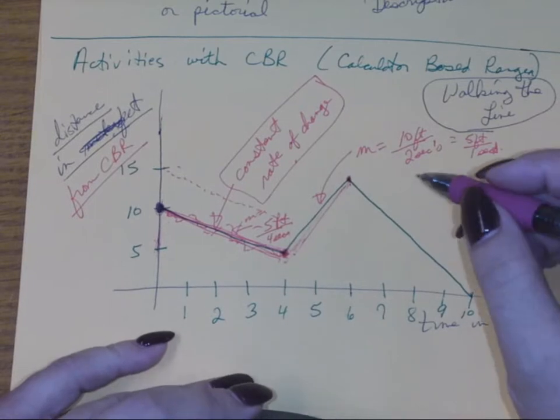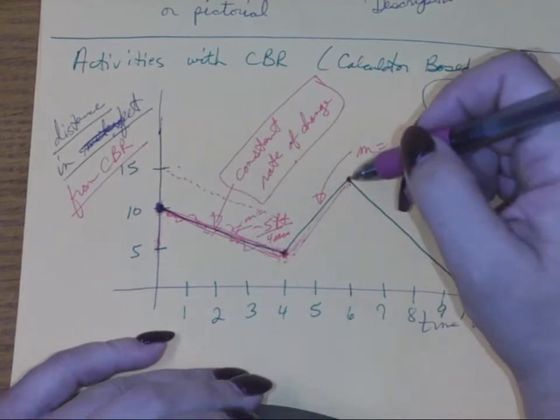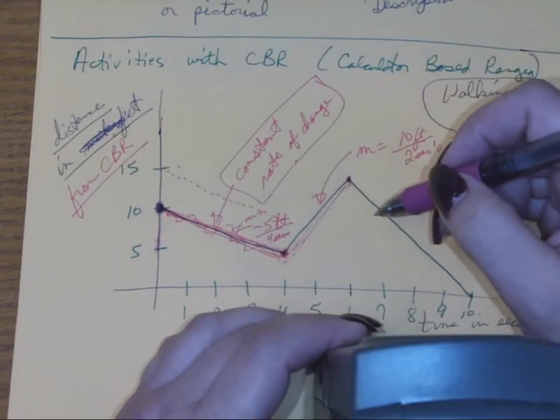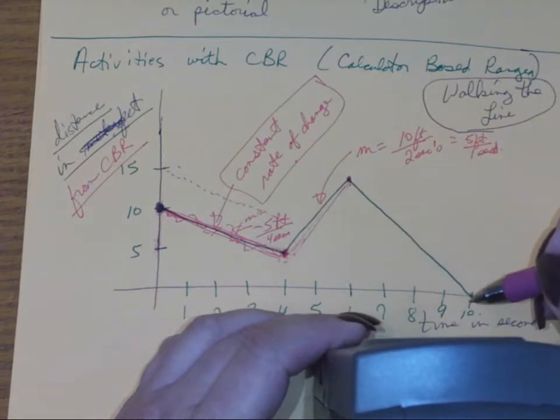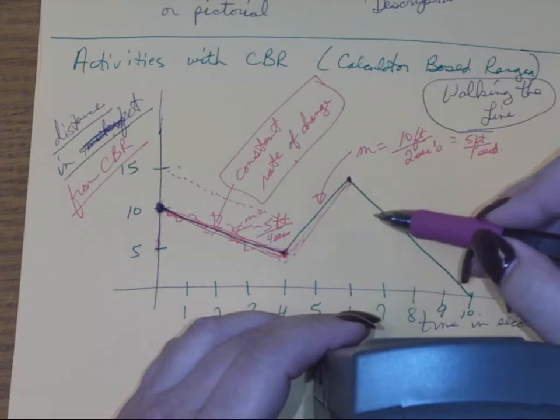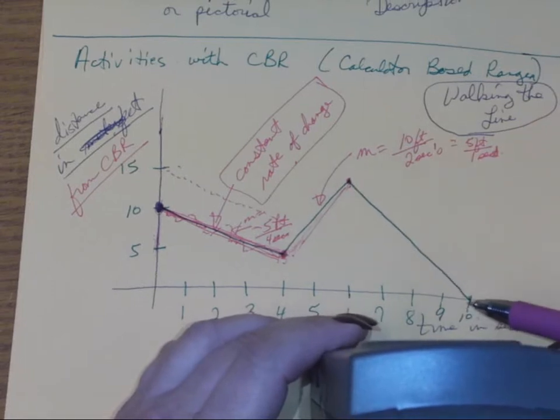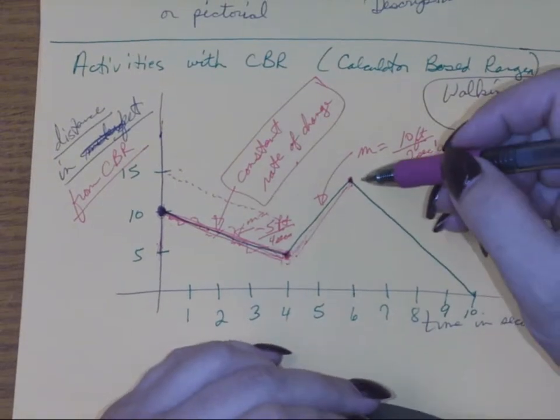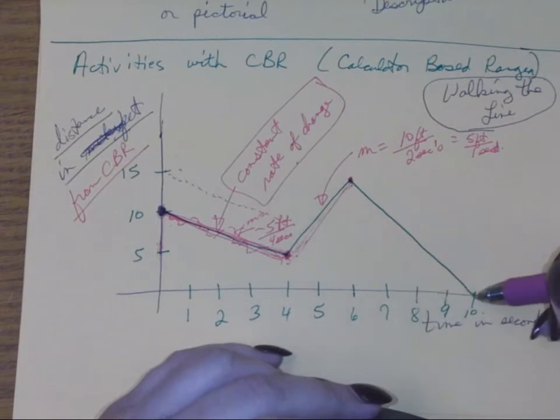All right, so then we want to talk about this last piece. I'm clearly coming back towards the CBR because the distance is shortening, right? Getting smaller and smaller and smaller. This is how far I am from the CBR, so this distance is shortening. And it actually looks like I have a pretty long time to do that.